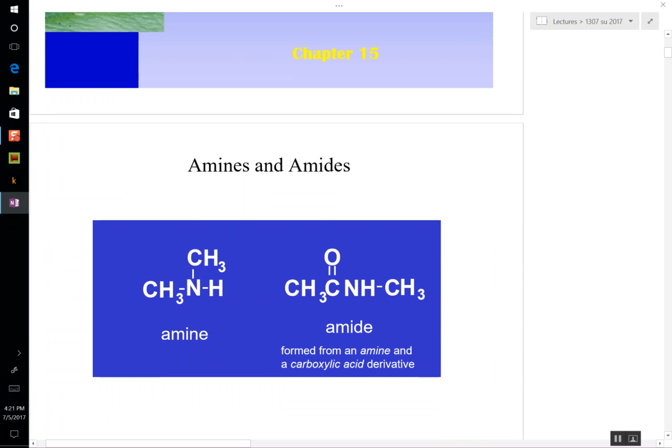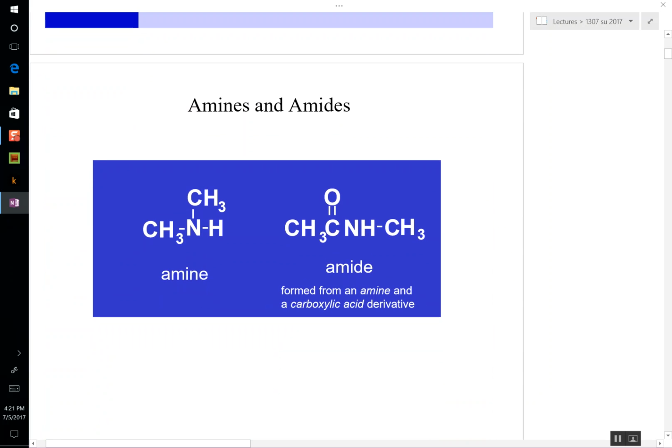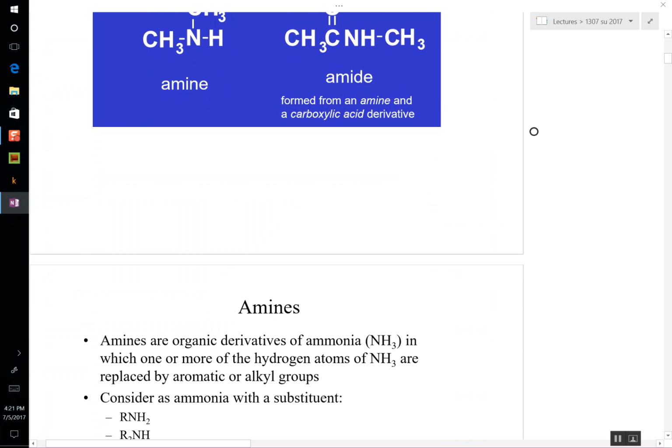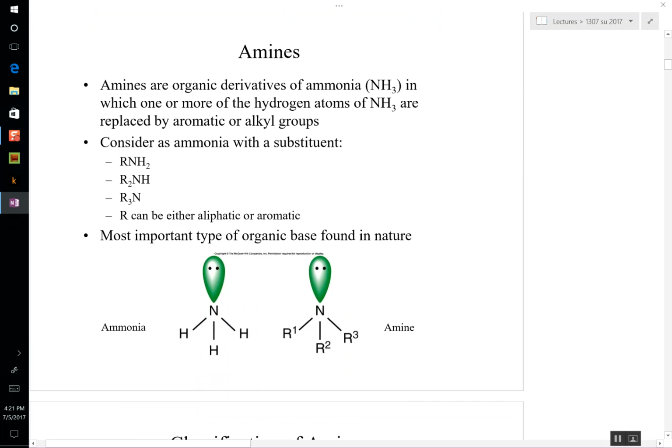All right, so chapter 15 deals with these two functional groups, the amine and the amide. The amines are organic derivatives of ammonia. Here's what ammonia looks like.